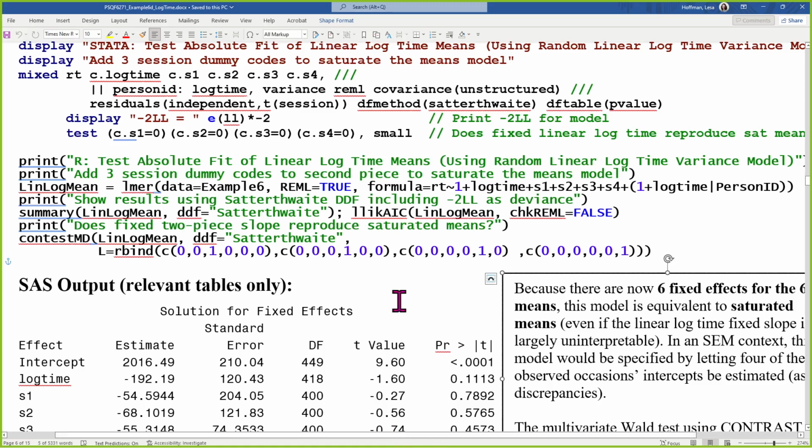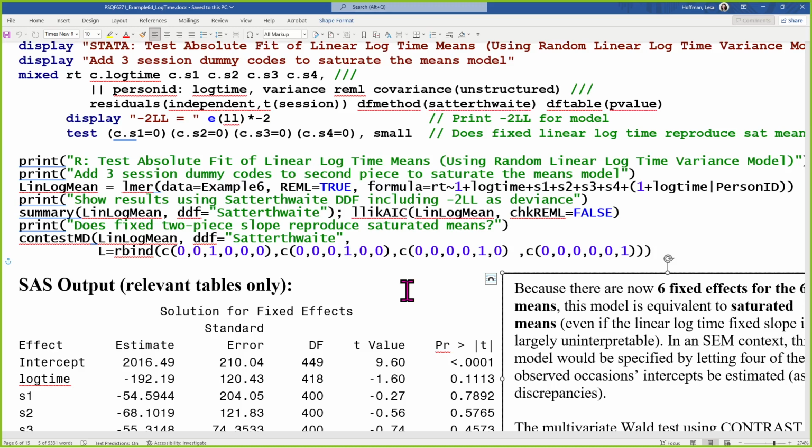Our linear slope for log time appears to be sufficient to describe the pattern of mean change. What else do I need to worry about? Besides the pattern of mean change, let me say that with more emphasis. What's next? Variance. Yeah, more specifically, what kind of variance?